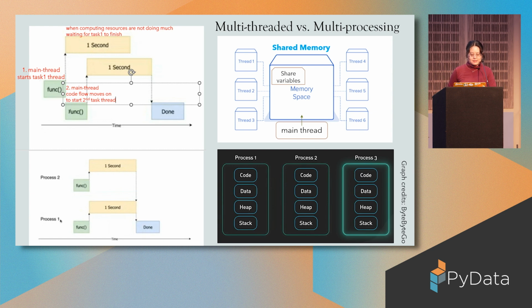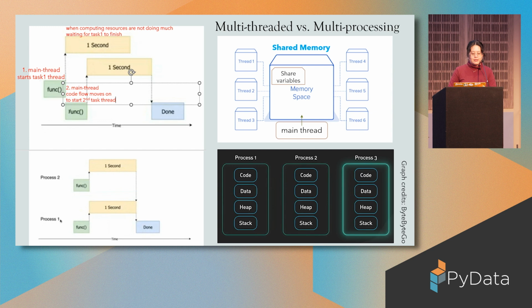Here are some graphs that will show you how these workflows are different. You can see at the top left, it shows the multi-threading process. You can see that it's not really parallel, right? When the main thread starts the task one thread, you can imagine in your Streamlit code flow, while it's sitting there waiting for your app to download something, it starts a second task in a different thread. That's how you define it in your Streamlit code.